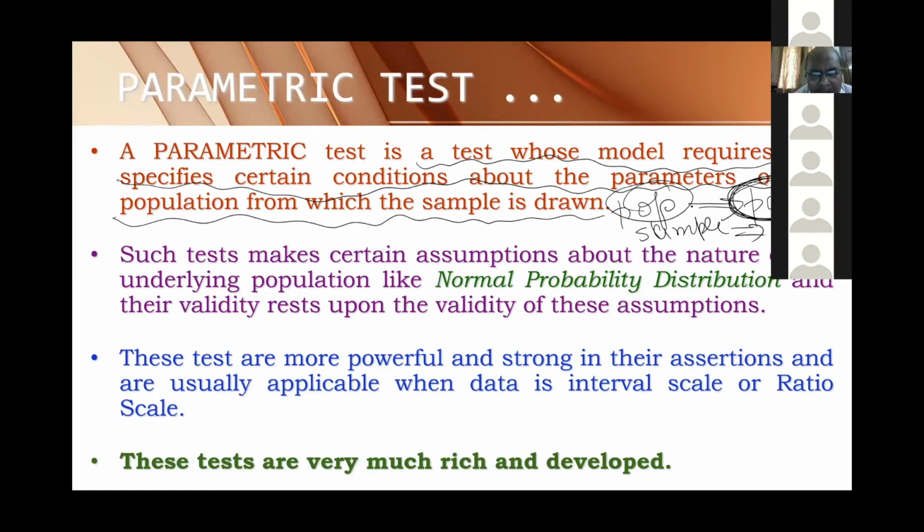If you make such assumptions, then you are making use of a parametric test. These tests are powerful and strong in their assertions and usually applicable when data is at interval scale or ratio scale. And the theory and the literature related to parametric tests is very rich and highly developed.